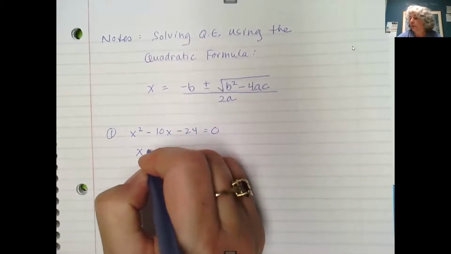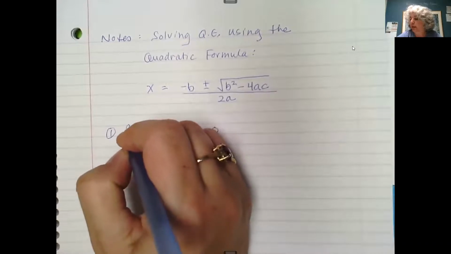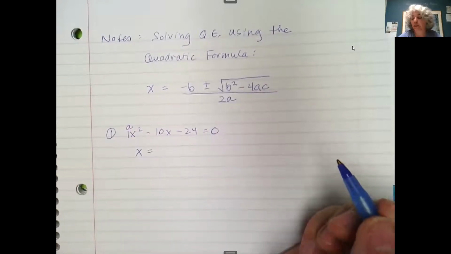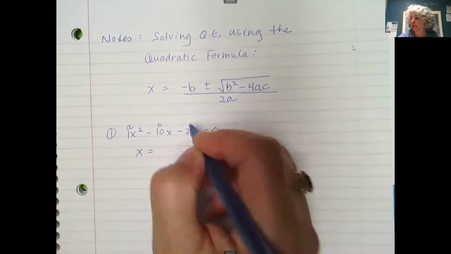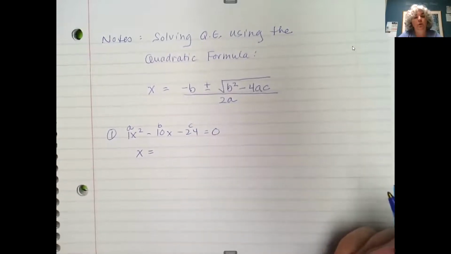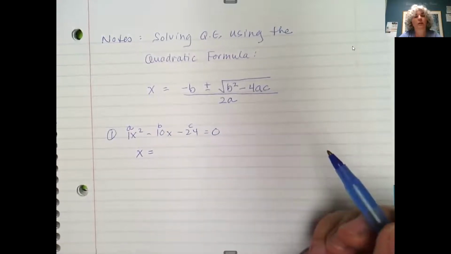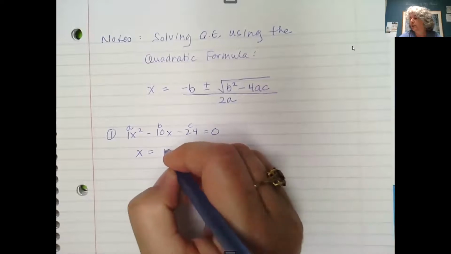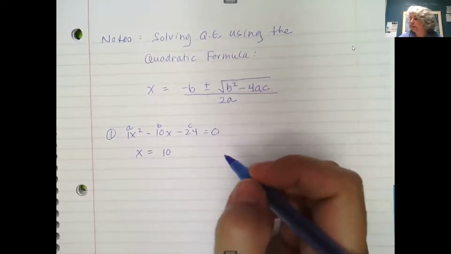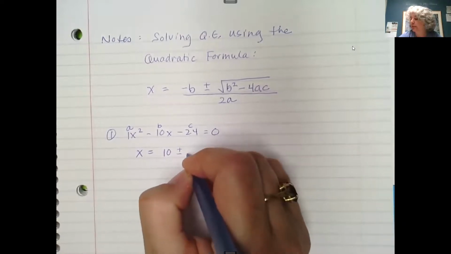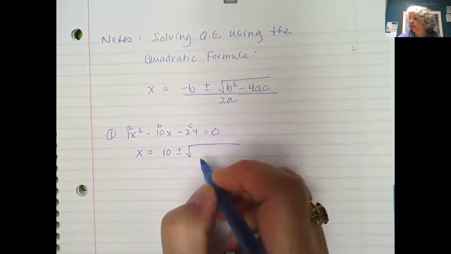So we say x equals, by the way, here's our a, which is 1. If it's not written in, it's 1. Here's our b, and here's our c. So the formula says x equals the opposite of b. In this problem, b is negative 10. So the opposite of b is positive 10. And then we say plus or minus the square root of b squared.